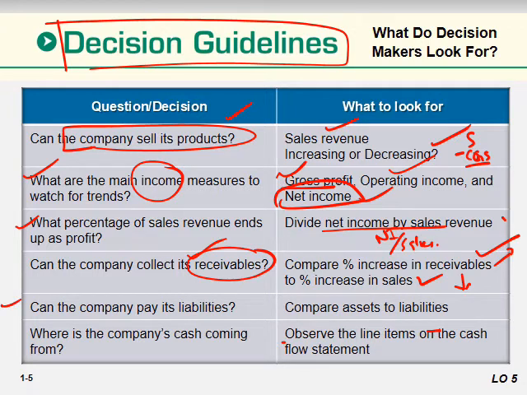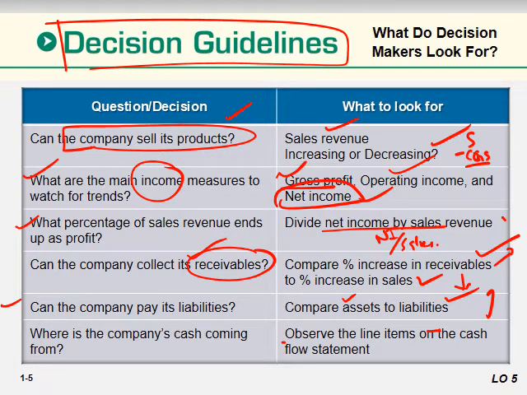The second last one is, can the company pay its liabilities? You compare assets to liabilities, right? If your current liabilities are getting higher and higher as compared to the assets, or your current assets are greater than your current liabilities, it means you can pay your liabilities easily.